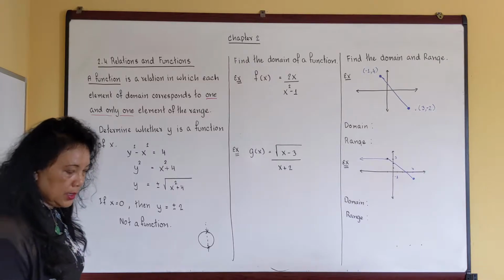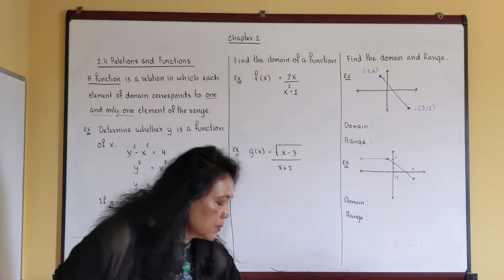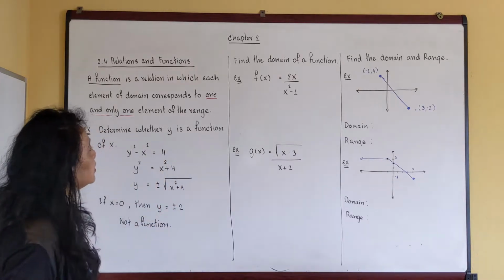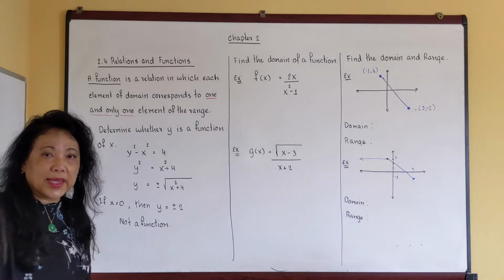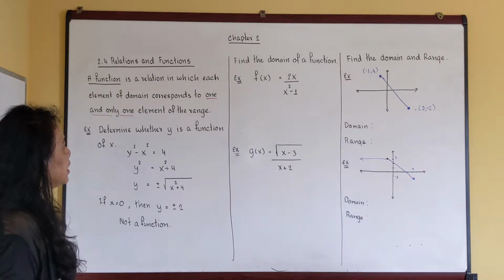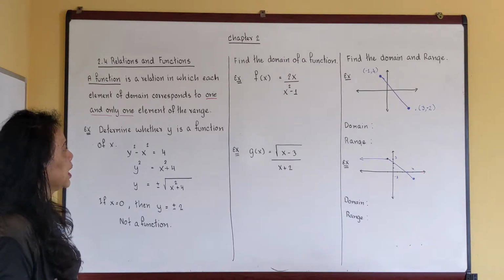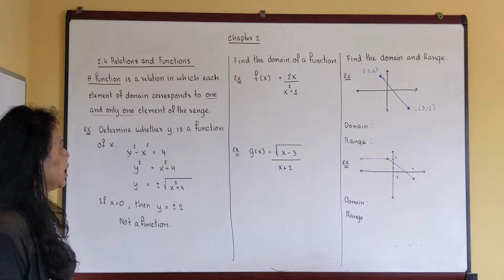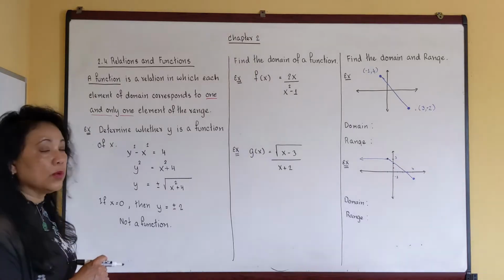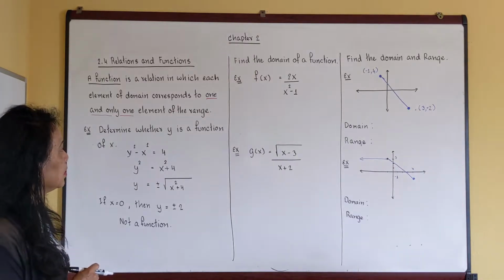The next one is find the domain of a function. Domain here is an x. So let's look at the function f of x is equal to 2x over x squared minus 1. So we want to find the values of x. From here, we don't want the denominator to be 0.